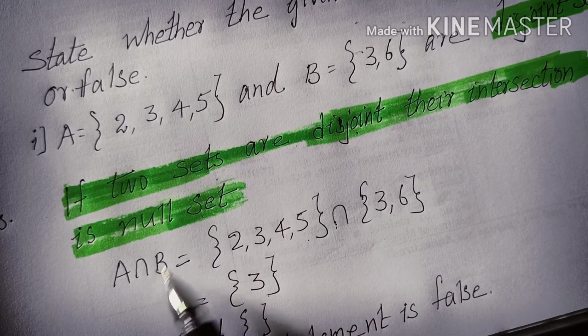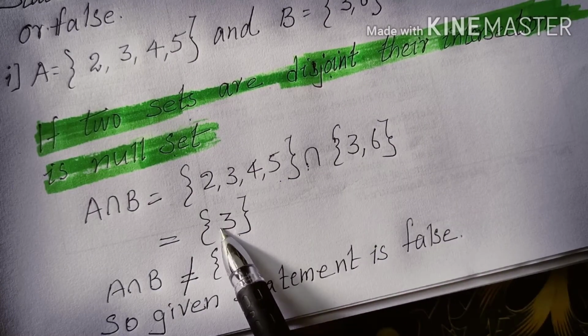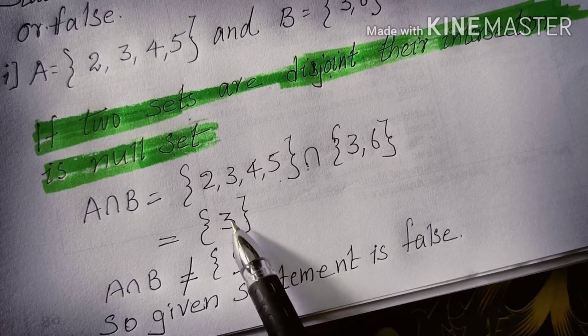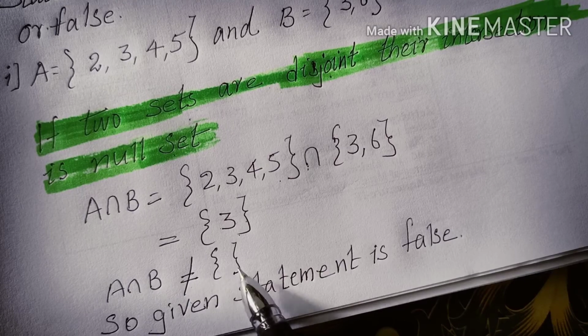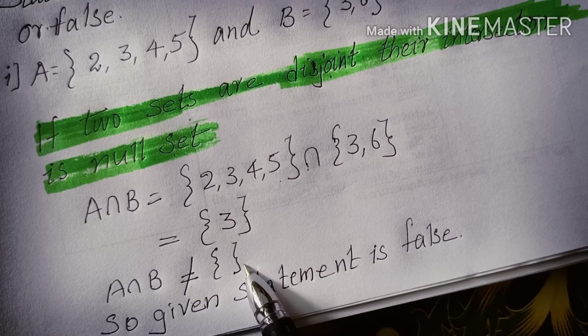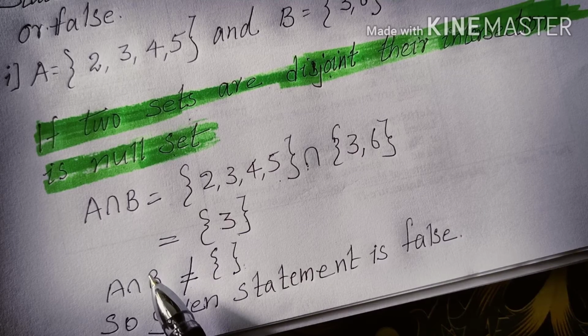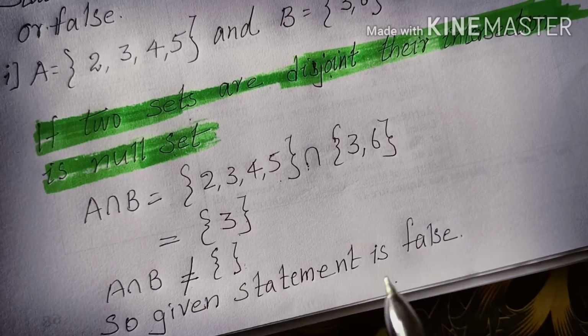A intersection B, we are finding out: 2, 3, 4, 5 and 3, 6, the intersection is the set 3. So, there is an element, it is not a null set. So, if it is not a null set, A and B are not disjoint. Okay, they are not disjoint. So, the given statement is false.